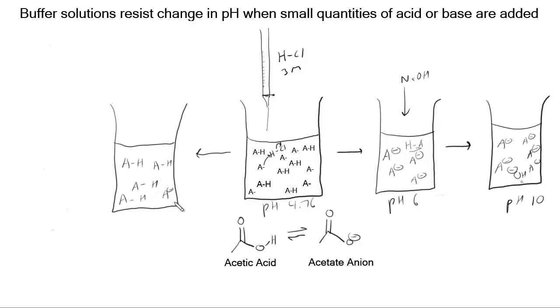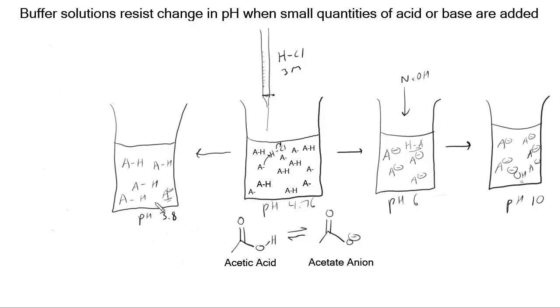So now we have a higher concentration of acetic acid in our solution and a lower concentration of our acetate anion in solution. We've dropped the pH a little bit, but not significantly. So let's say we have a pH of about 3.8 at this point.